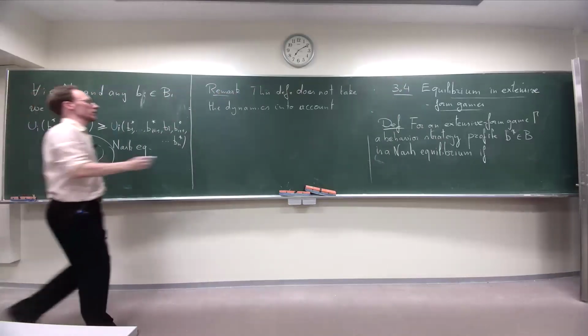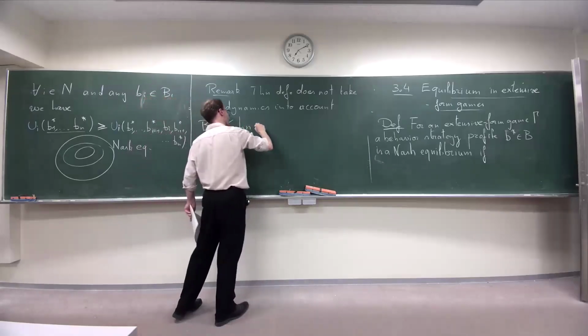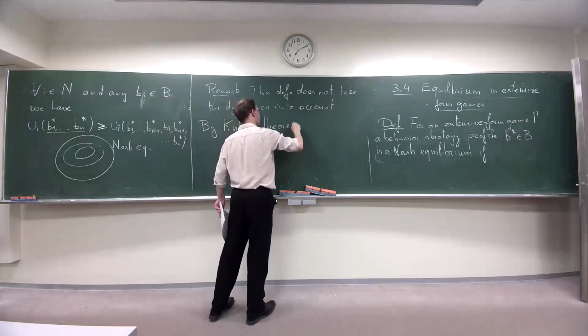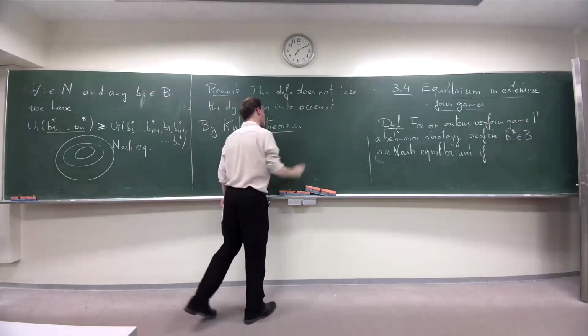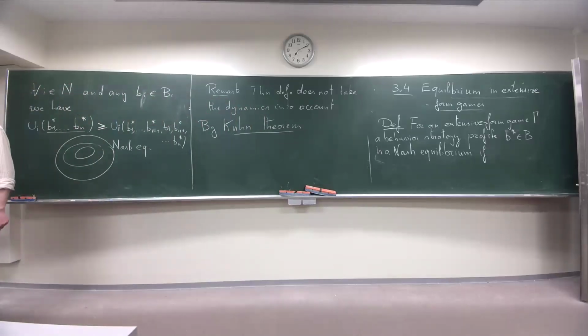However, we already have a small result. By Kuhn's theorem, we can already say something. Remember, for the mixed extension, we always have a Nash equilibrium. This was a statement for strategic games. So if I have a one-to-one correspondence between behavior strategies and mixed strategies, I can use the previous result.